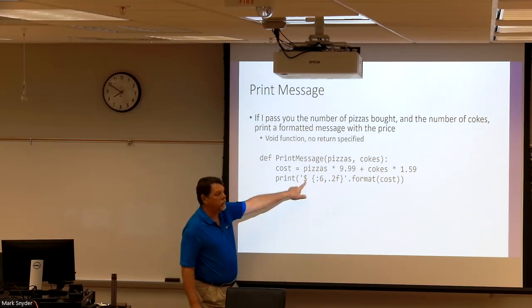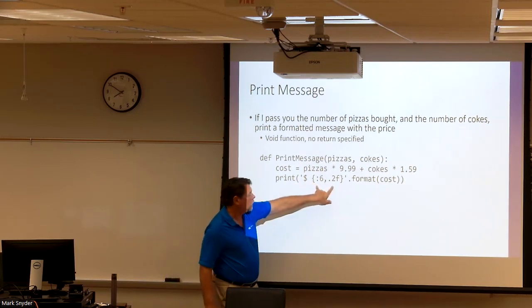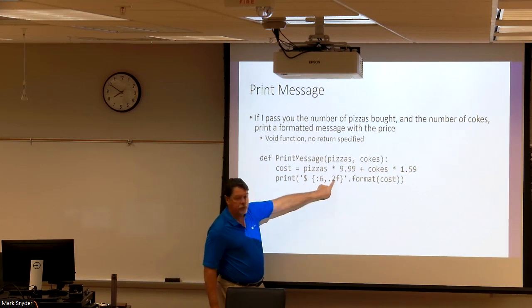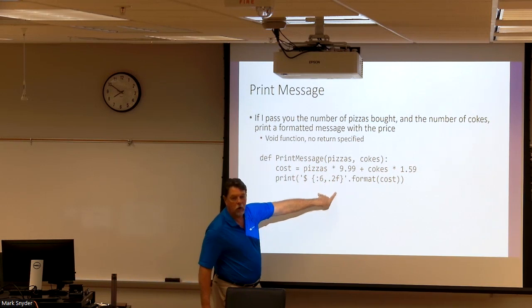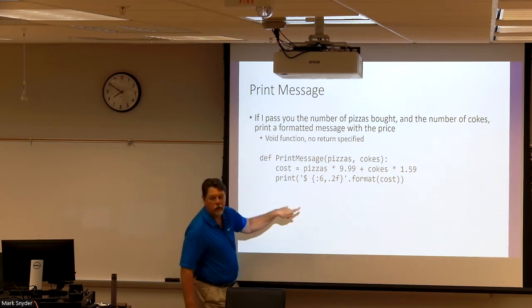Okay, well, all it says is I'm going to create a string that starts with a $ sign and a space. And then I'm going to have a decimal value, right? Dollars and cents, two decimal positions, and it's going to be a total of 6 characters wide. So it's going to be right justified.